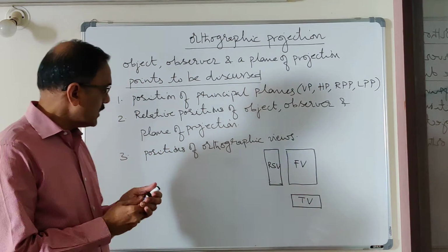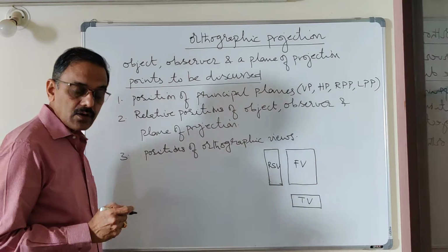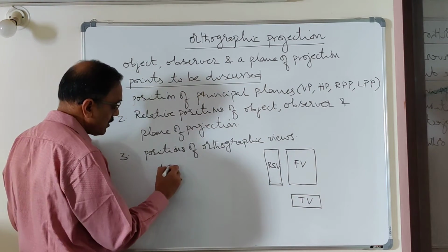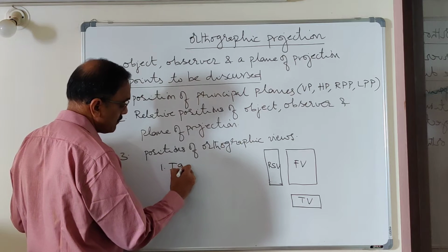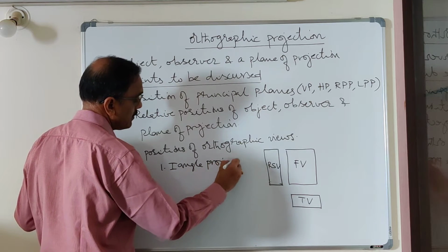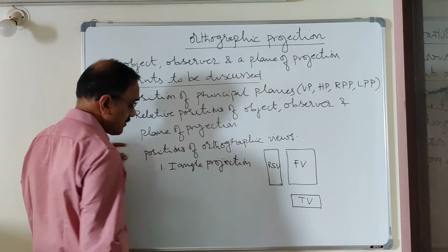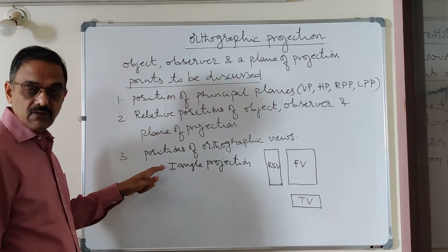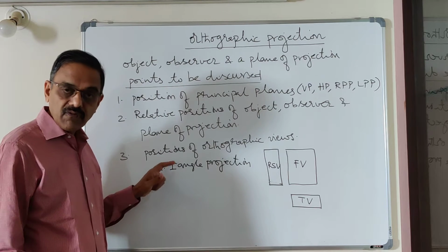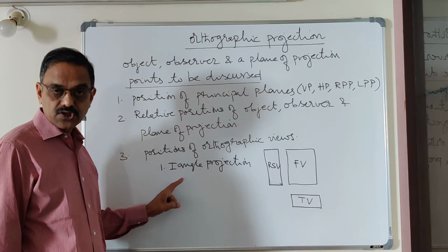Now, let me explain. In orthographic projection, there are two methods. The first one is called first angle projection. This is what we are following as per our syllabus. We are going to follow first angle projection. In fact, the whole of India is following first angle projection right now.